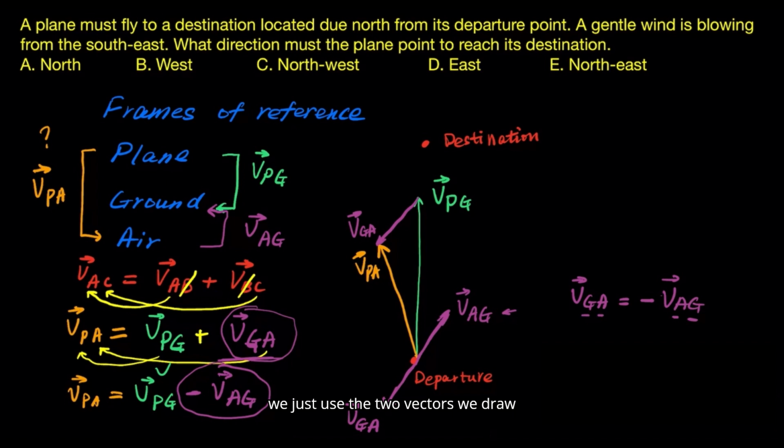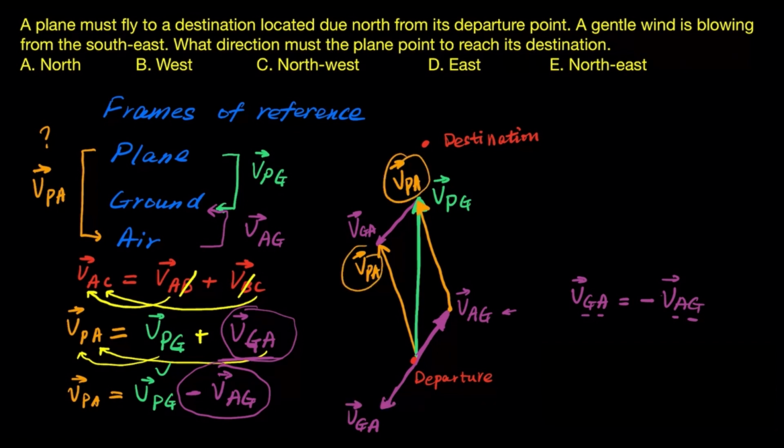So we just use the two vectors we drew originally, this one and this one. And you draw the resultant vector from the second vector's tip to the first vector's tip. So this is Vpa. You see these two vectors are identical, with the same length and same direction, both pointing northwest. The only difference is their position. They are simply a translation of each other.